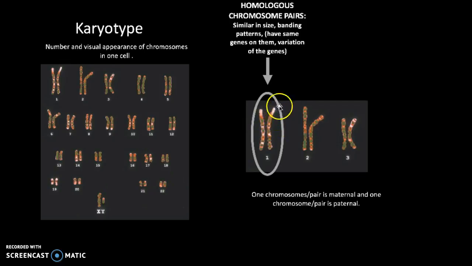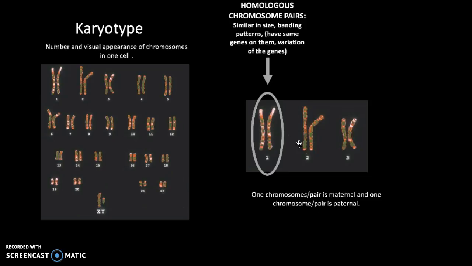It looks like one of them might be a little bit longer. Their banding patterns might be a little bit different. There's a big bright spot on this one, and there's not a corresponding bright one on this one. But they're more similar than if you compared one of these to a chromosome in set number 2, where there's a lot more green banding present and a lot less of the really bright red banding.